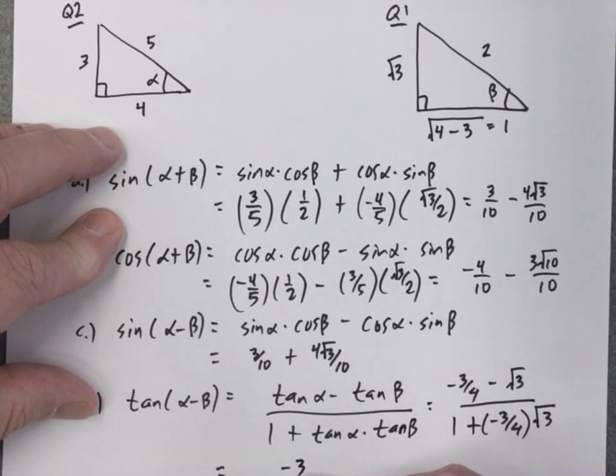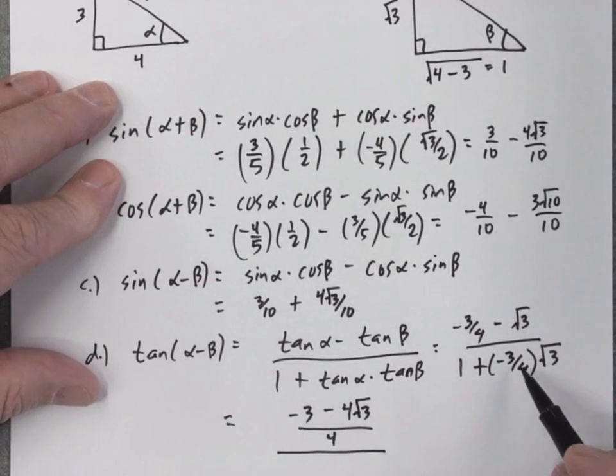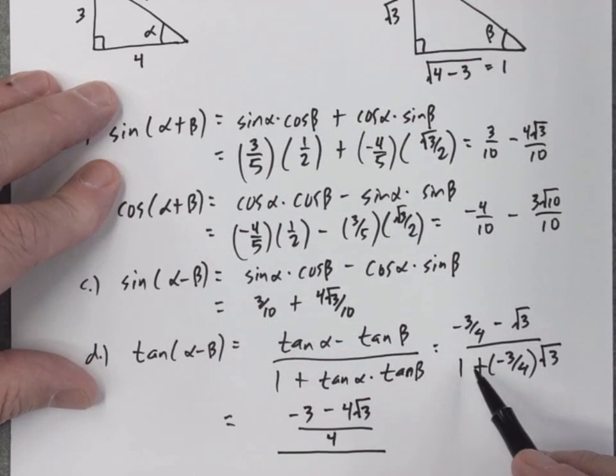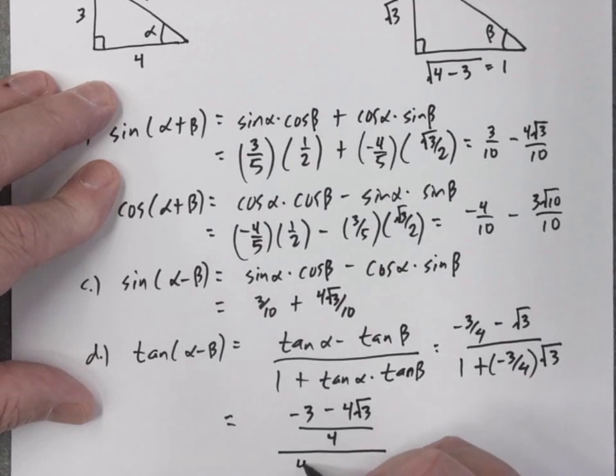So minus 3 minus 4 square root of 3 over 4. Here, common denominator is going to be 4, so if I multiply, this is 4 minus 3 square root of 3.